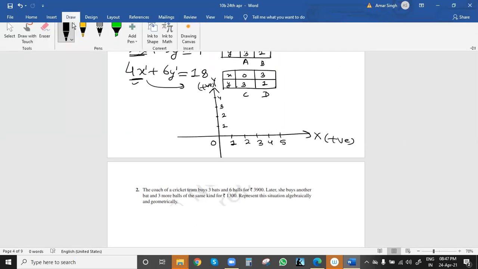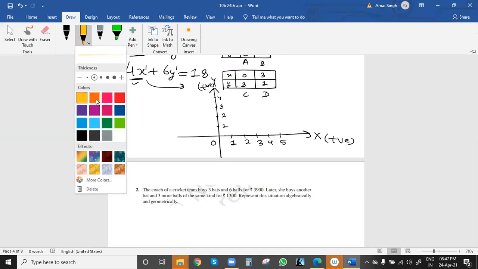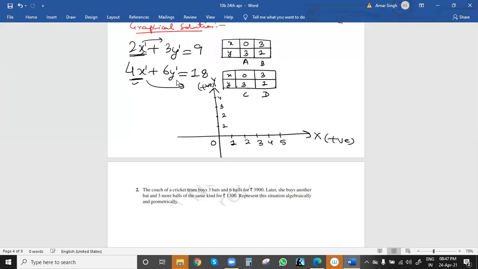First point is (0, 3): x is 0, y is 3. Second one is (3, 1): x is 3, y is 1. So this is the point (0, 3), and this is the point (3, 1). We'll join both the points and extend the line in both the directions.